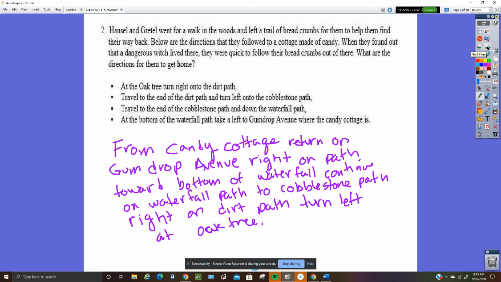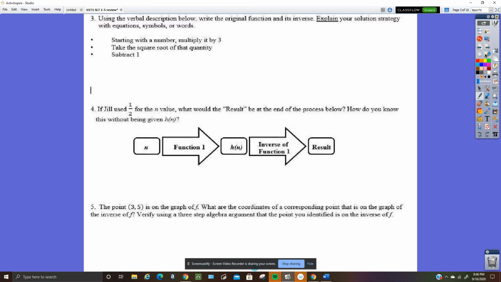All right, so just starting at the last direction and work your way back up to the top there.